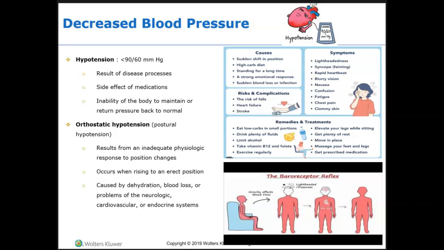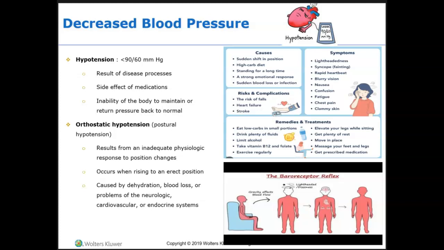Inability of the body to maintain a normal amount of pressure definitely could be it, heart failure, strokes, those kinds of things. Maybe it's due to a pathogen in your body, and that infection is now causing problems with hypotension. Sorry.